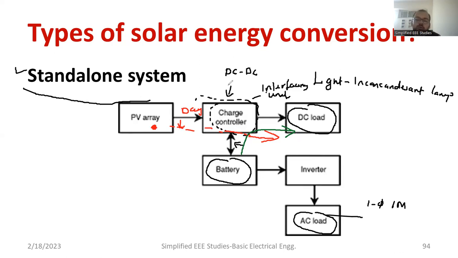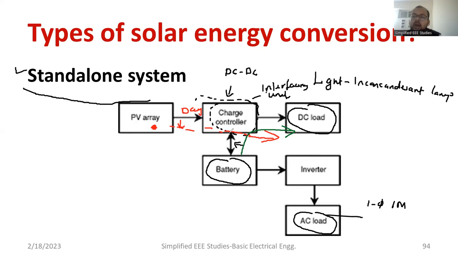To maintain the battery properly, overcharging should be avoided. Moreover, deep discharge and overcharging, all those things have to be avoided. So the charge controller protects the battery because the battery is expensive.